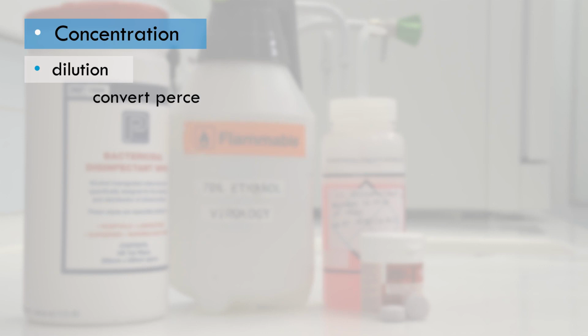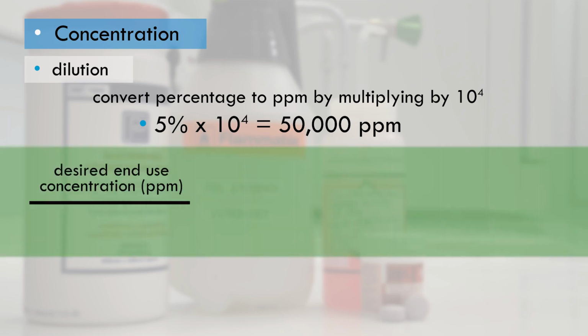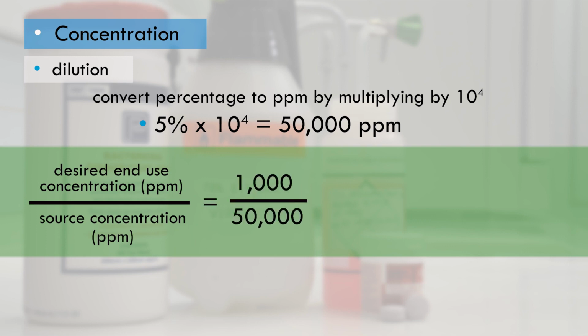The first thing to do is convert the percentages to parts per million, which we do by multiplying by 10 to the 4, so 5% becomes 50,000 parts per million. We then divide the end-use required concentration in parts per million by the concentrated source in parts per million. So 1,000 divided by 50,000 equals 0.02.